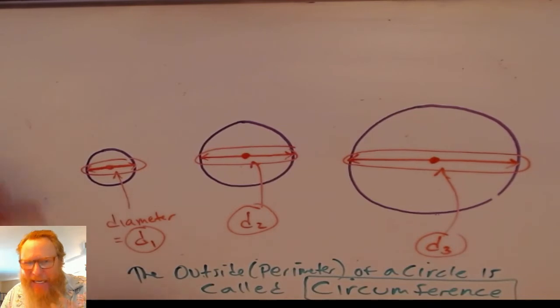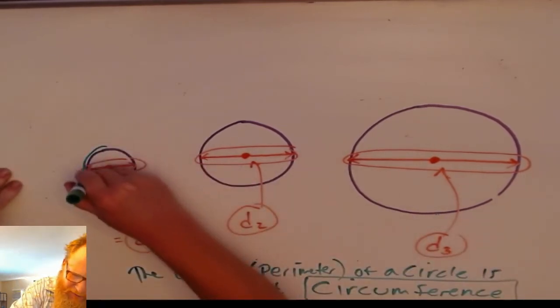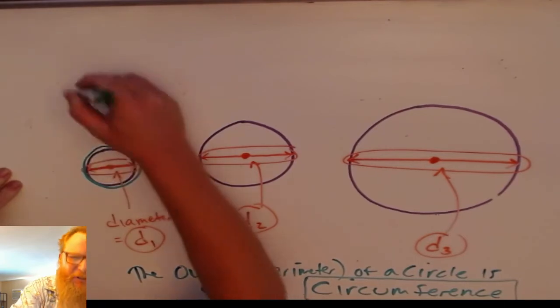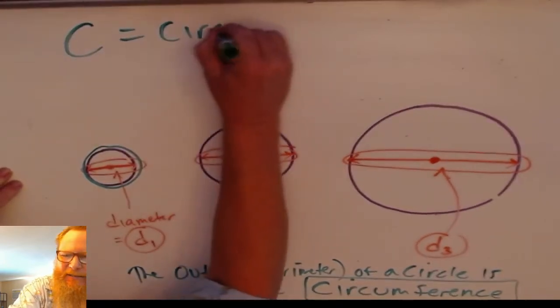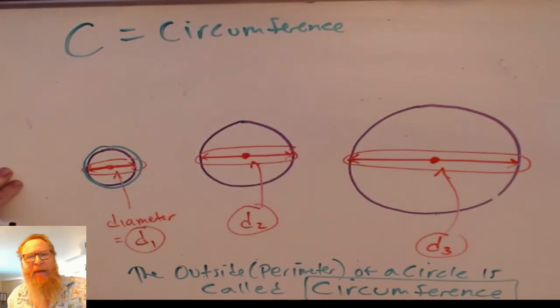So what I think is cool about this is when you want to find the circumference, that's called C, something neat happened.